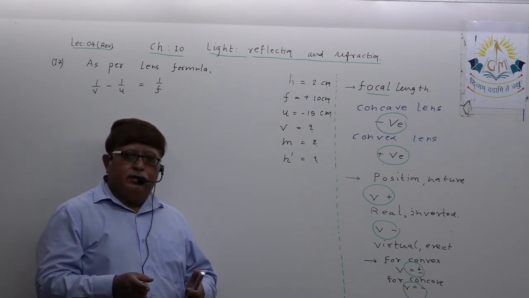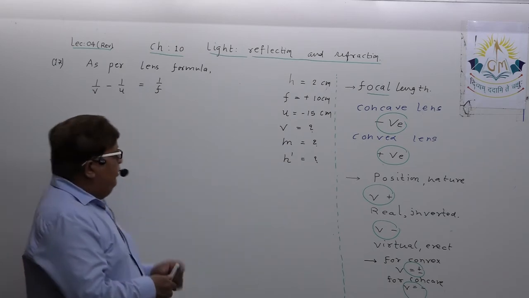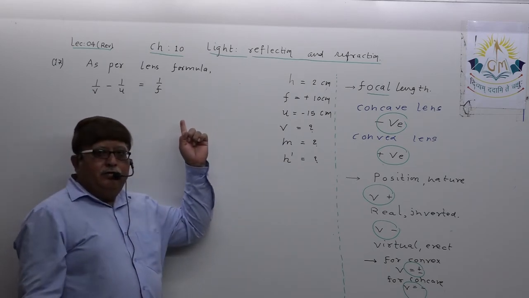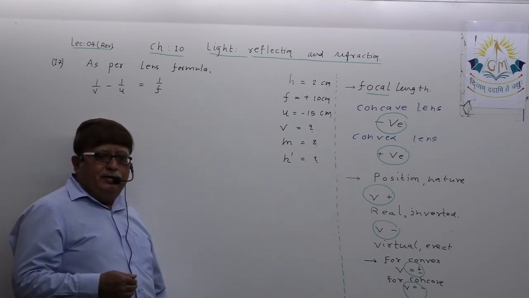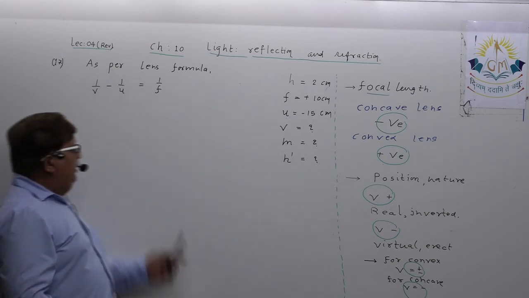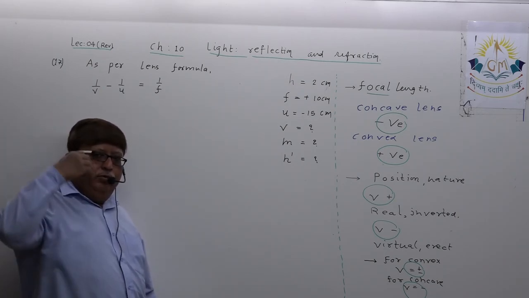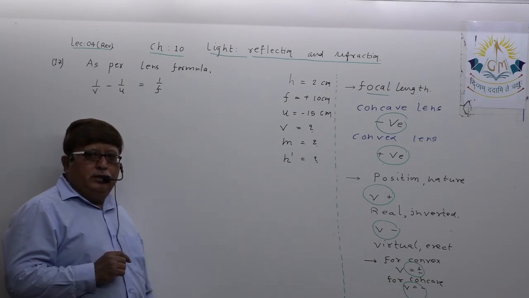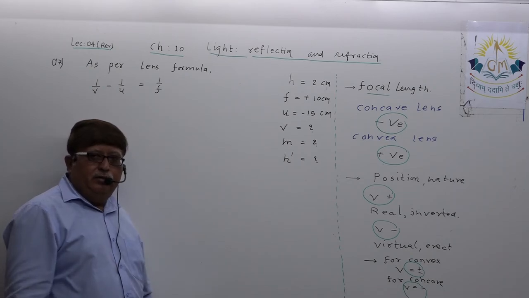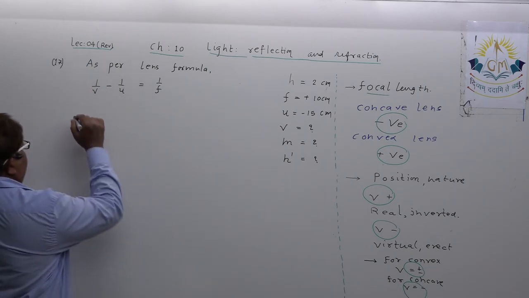So when you practice any example, and even when you write lens formula, please be very sure. If you like, write it 5 times, 10 times. A minor mistake, if you by mistake write 1 upon u minus 1 upon v equals to 1 upon f, is going to totally alter your calculations. Understood? Be very sure regarding this.